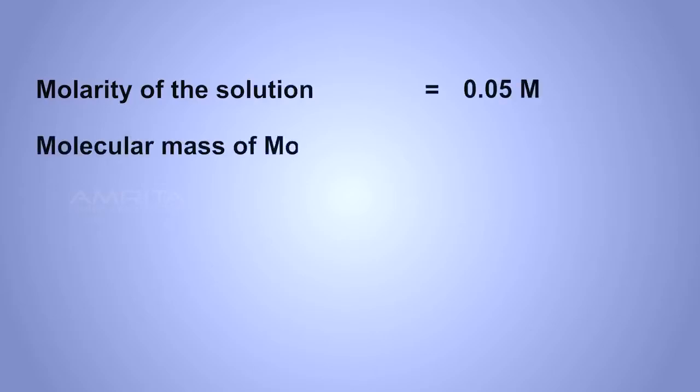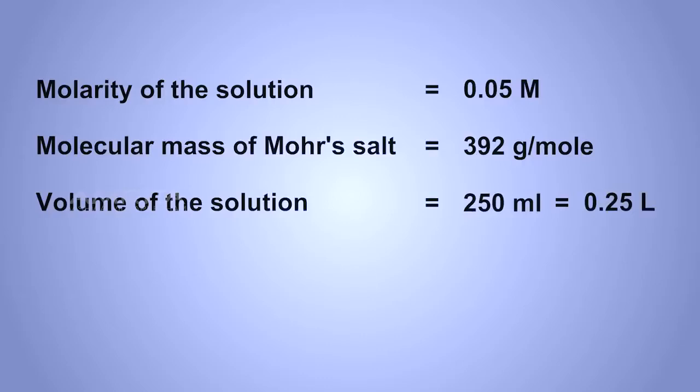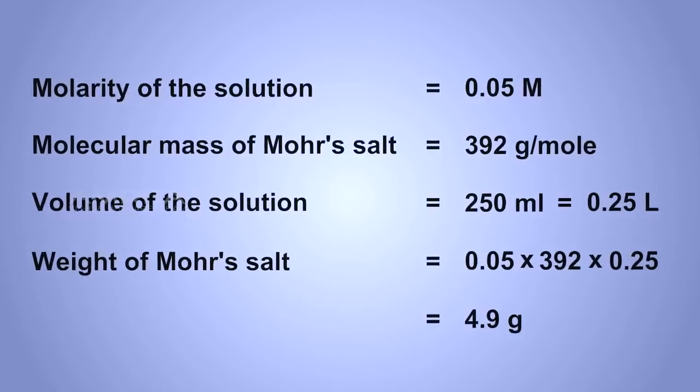Molecular mass of the solute Mohr salt is 392 grams per mole. Volume of the solution is equal to 250 ml, that is equal to 0.25 liters. Therefore, the weight of Mohr salt required is equal to 0.05 into 392 into 0.25 equal to 4.9 grams.